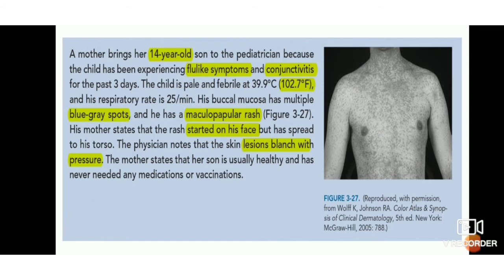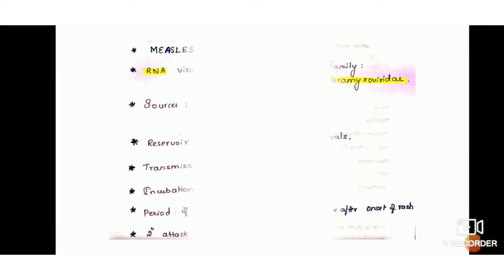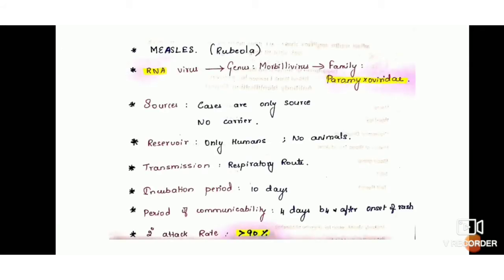I think most of you would have picked up the diagnosis from the words blue-gray spots and maculopapular rash that started on the face and then went to the trunk, with lesions blanching with pressure. Now, what is the diagnosis? Yes, it is measles.